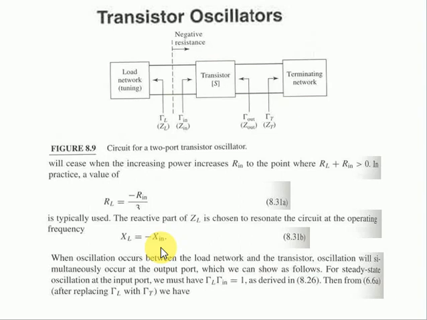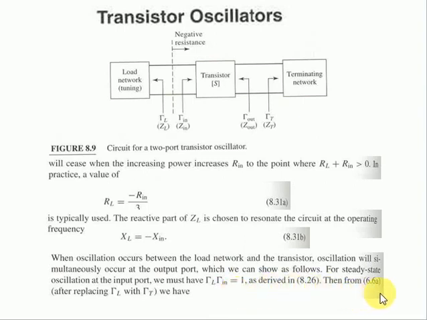For steady state oscillation at the input port, we must have gamma L gamma in is equal to 1, as derived in equation number 8.26.